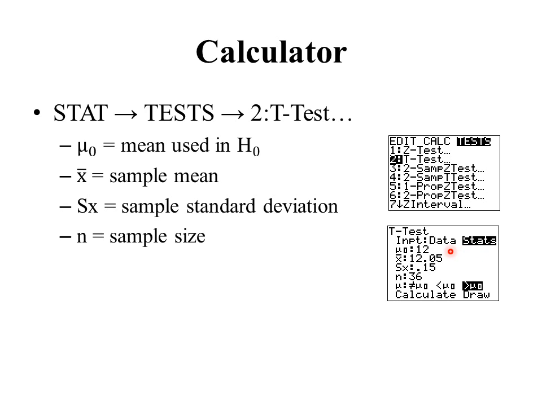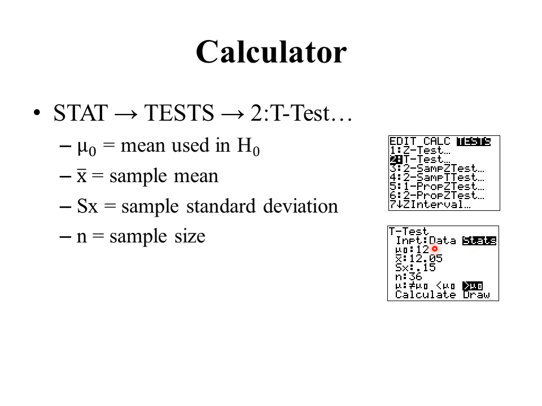If we have the raw data, then we can enter that data into a list, and then we can select that list, and the calculator will find our sample size, sample standard deviation, sample mean, and go from there. But that's not what we have here. We don't have raw data, meaning we don't have the weights of all those 36 different packages. All we have are summary statistics, and so we're going to choose that option, stats.